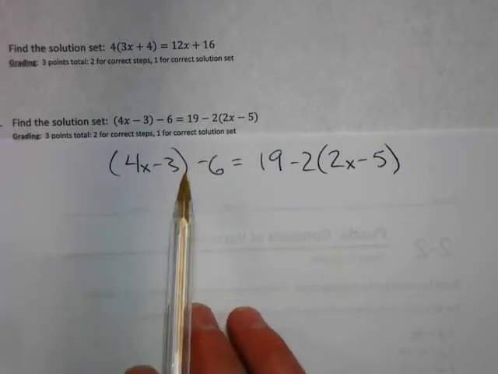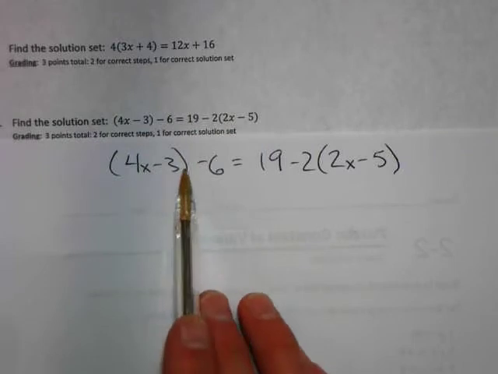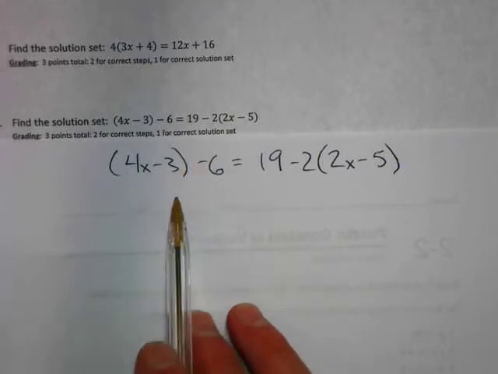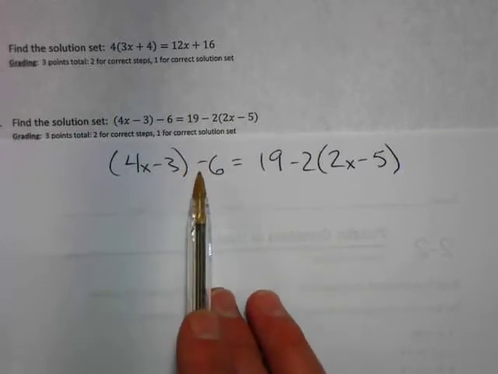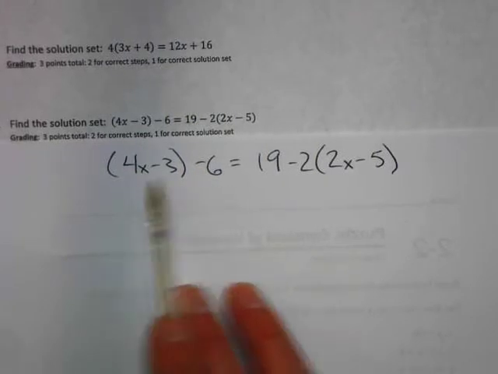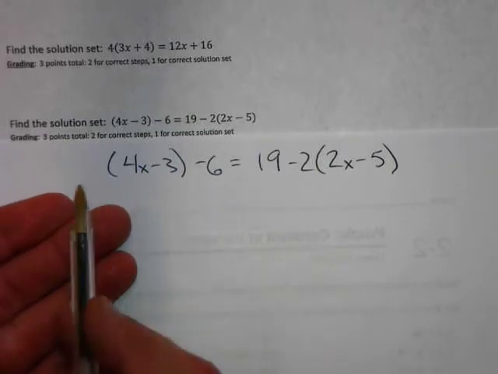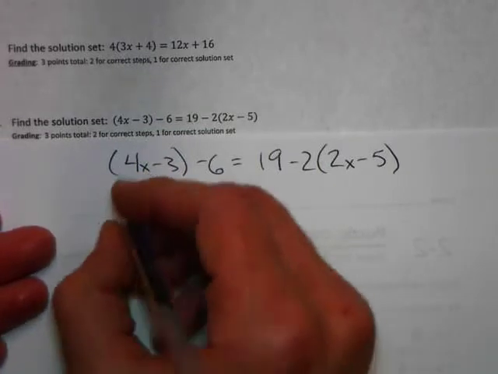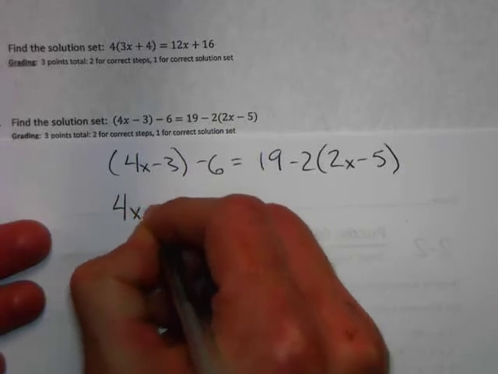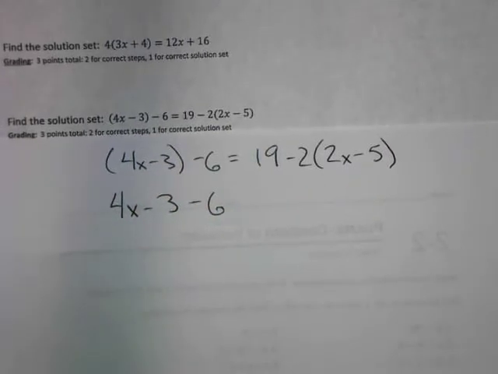A lot of times students think that we need to multiply this negative 6 times the 4x minus 3. And if you read this out loud, you'll realize you're hearing yourself say minus 6, not times negative 6. So we do not multiply. But what can we do with these parentheses? It's basically multiplying a 1, so nothing is happening. It's staying the same. So those parentheses stay the same.